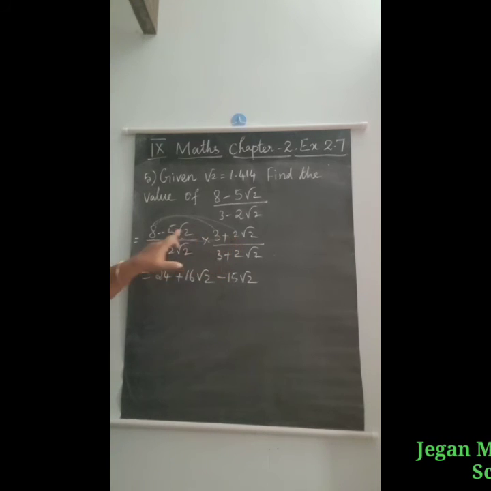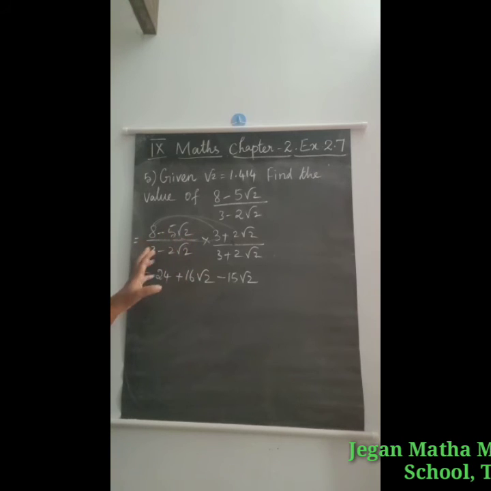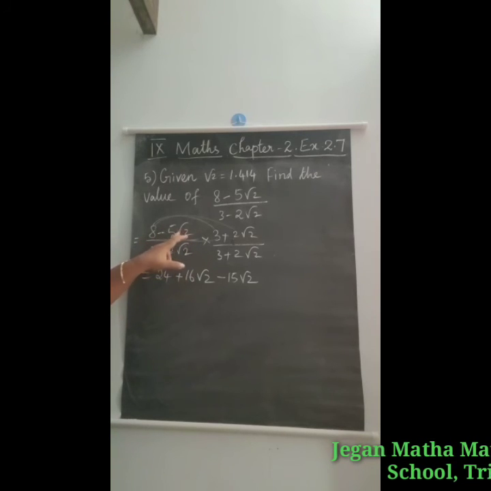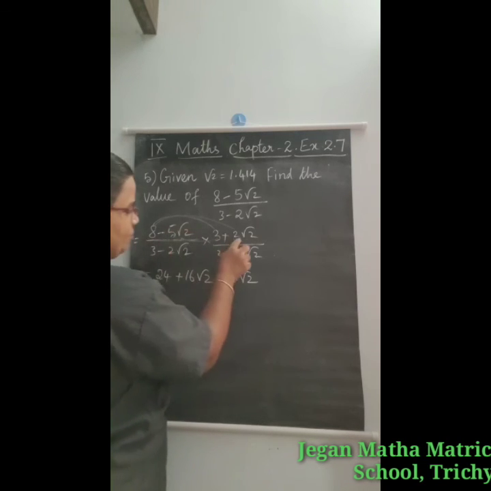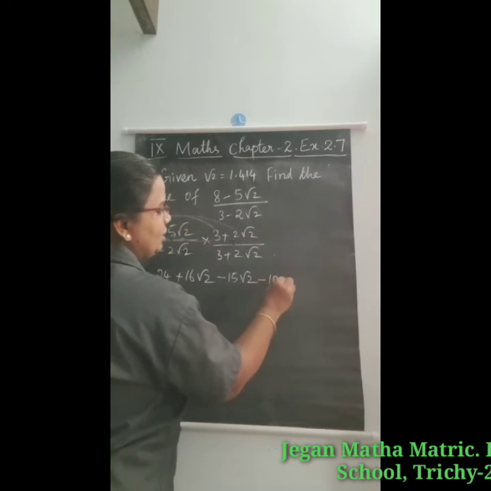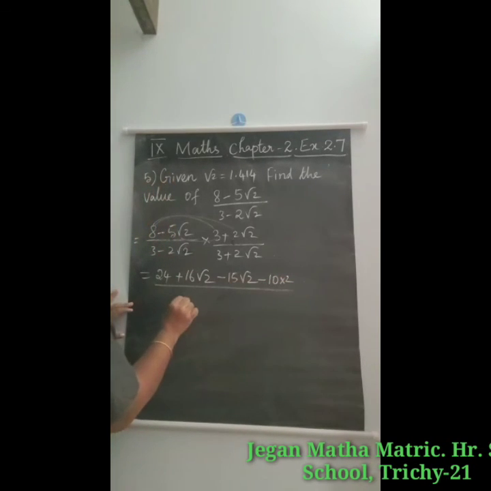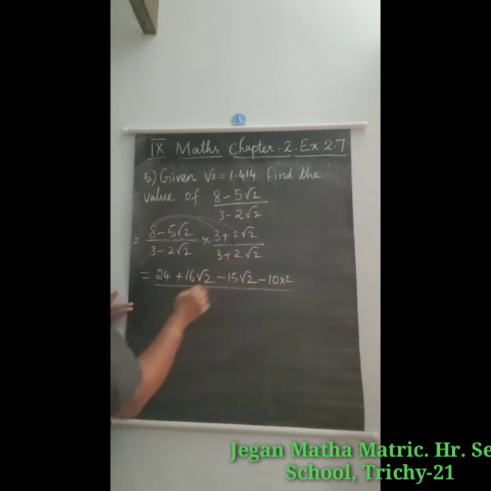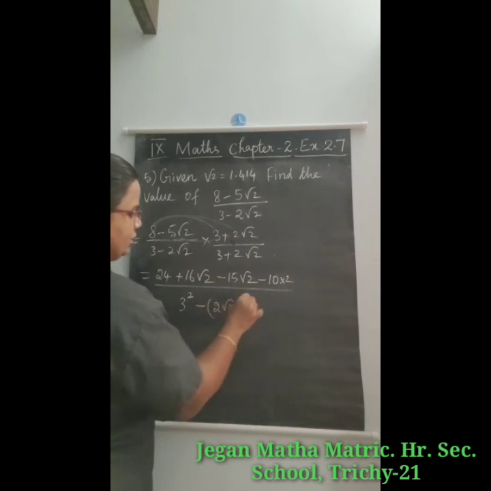So, you have to take 5 into 2, 10, and root 2 into root 2 the whole square, so you remove the square root. So, 5 into 2, 10 into 2, minus 10 into 2, divided by a square minus b square: 3 square minus 2 root 2 the whole square.